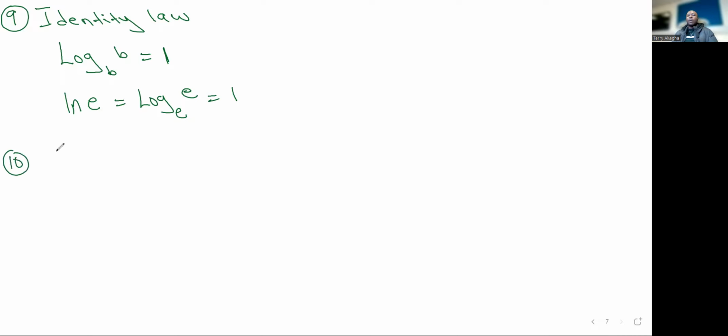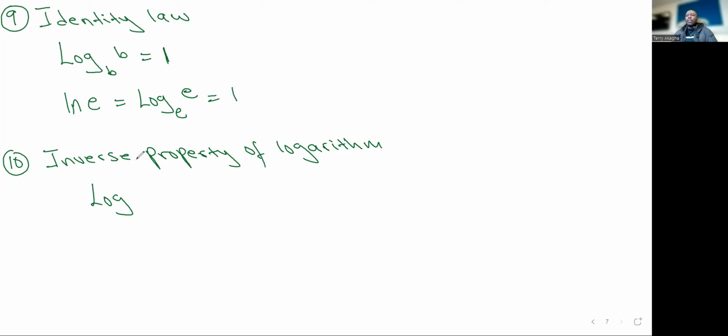Number 10 is what we call the inverse property of logarithm law. Now, what it's saying is that it's similar to the identity law, but this time we have log of b to base b, where the b has a power.